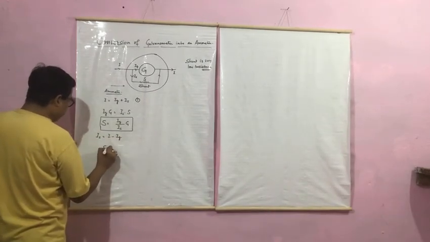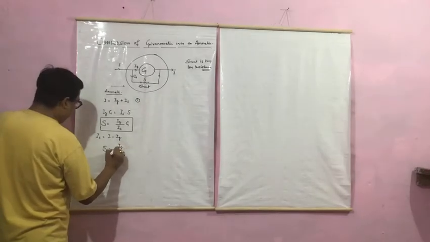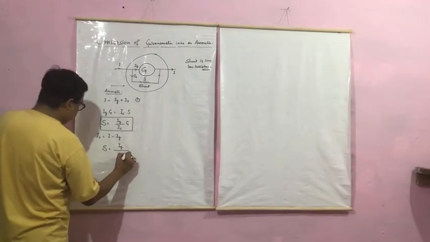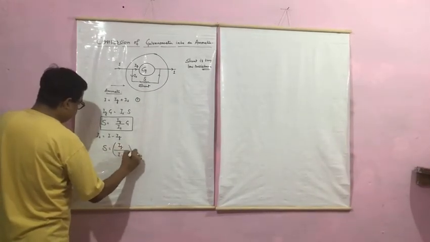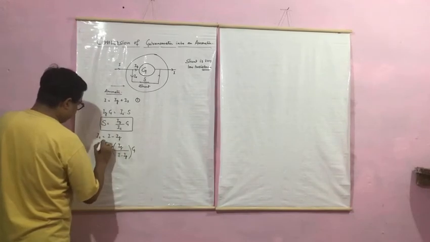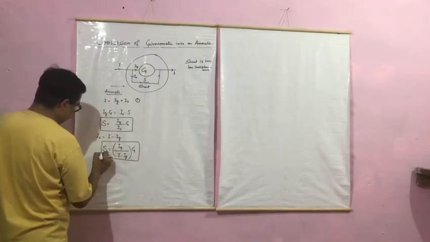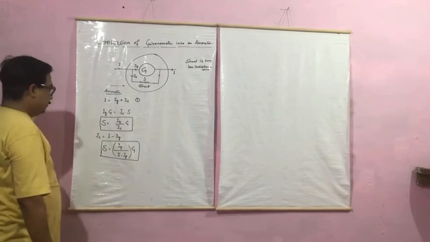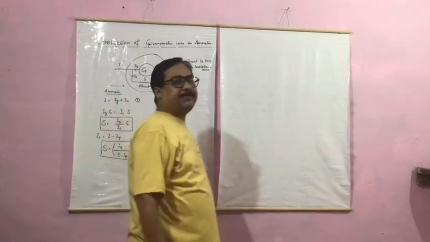So the value of S is Ig upon I minus Ig into G. This expression gives the value of the shunt.